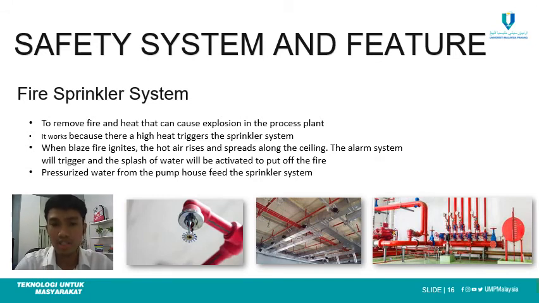In the center picture, we can see that there is a pipe on the ceiling which releases the water from above. And on the right side, you can see the pump house which provides water through the sprinkler system.